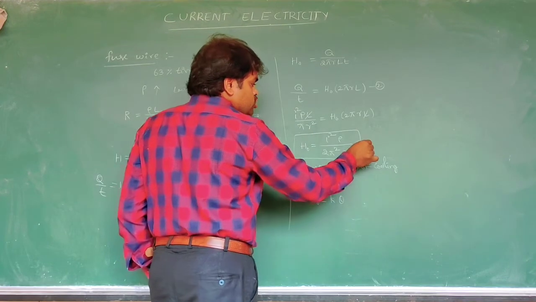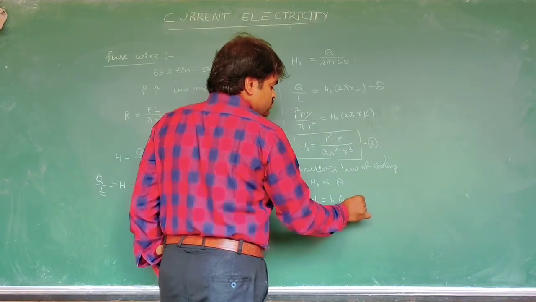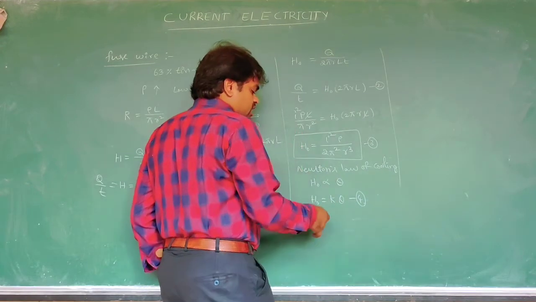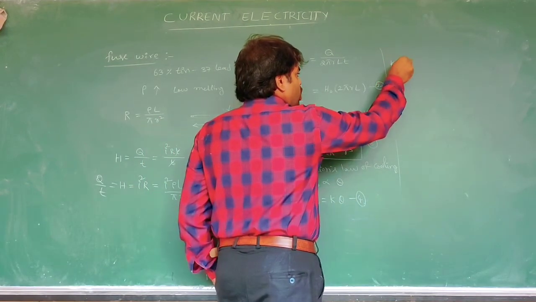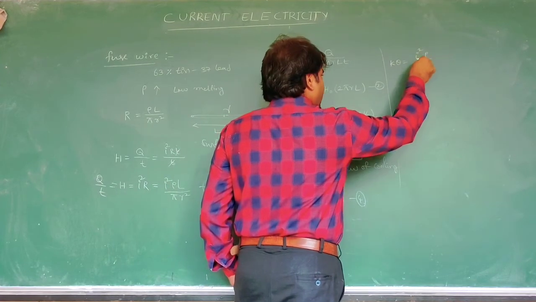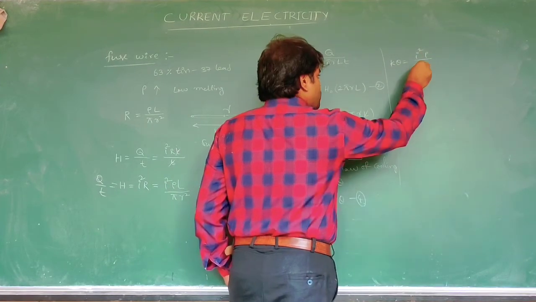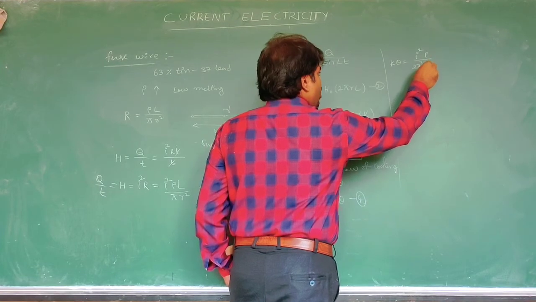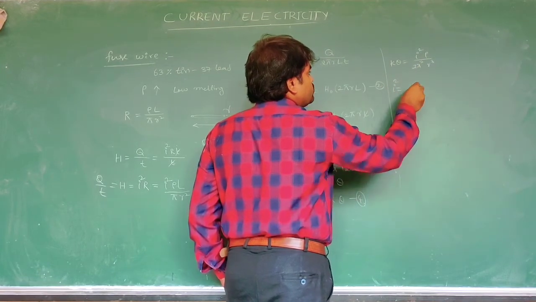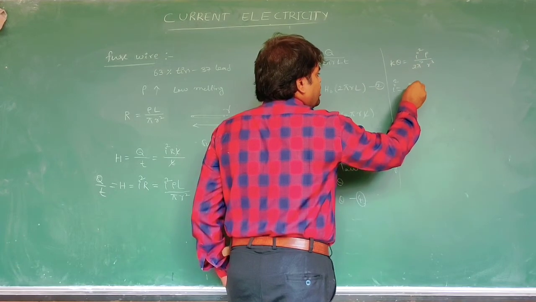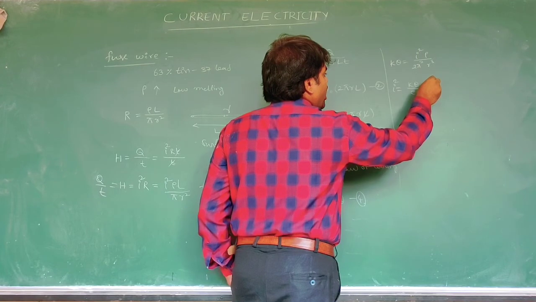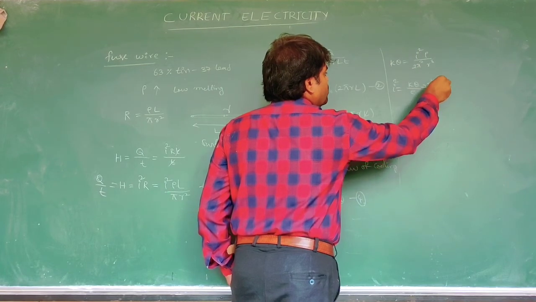Now equating these two, 3 and 4, what we get is K theta is equal to I square rho by 2 pi square R cube. That means I square is equal to K theta by rho into pi square R cube.